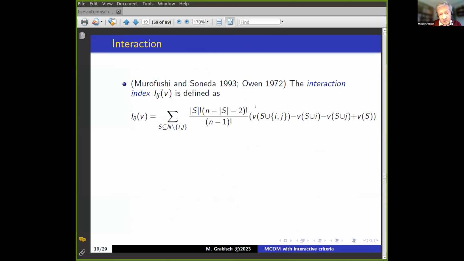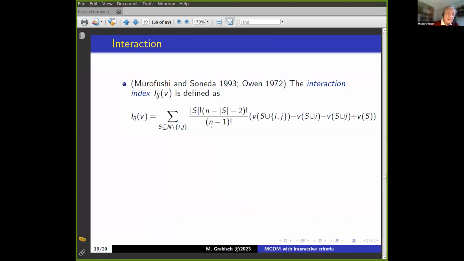So remember, this quantity was, in fact, the comparison of the joint contribution and individual contribution. And so you take every subset S, not containing I and J, and you weigh this by some combinatorial coefficient here, which looks like the coefficient used in the Shapley value, for those who know the Shapley value.